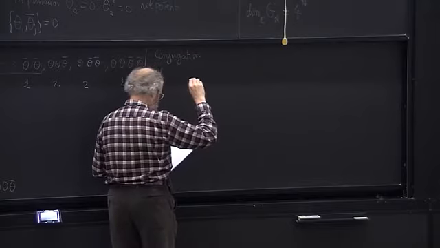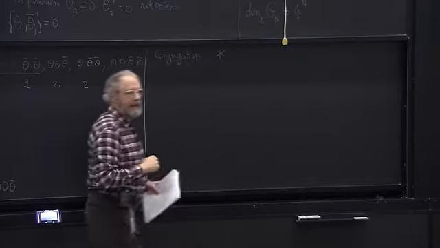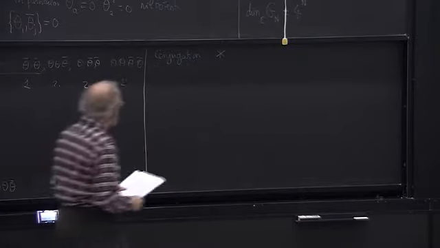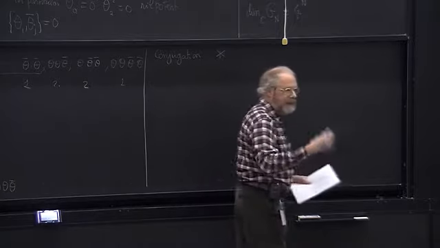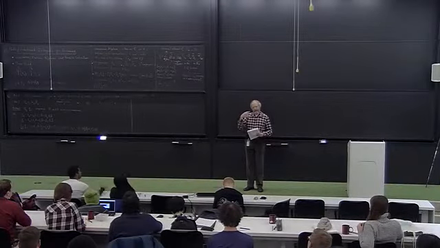So I'm going to define a conjugation operation that I'm going to call star. This will be a generalization of the analog of conjugation of matrices. Conjugation of matrices corresponds to transposition for real matrices and to complex conjugation, namely the adjoint.